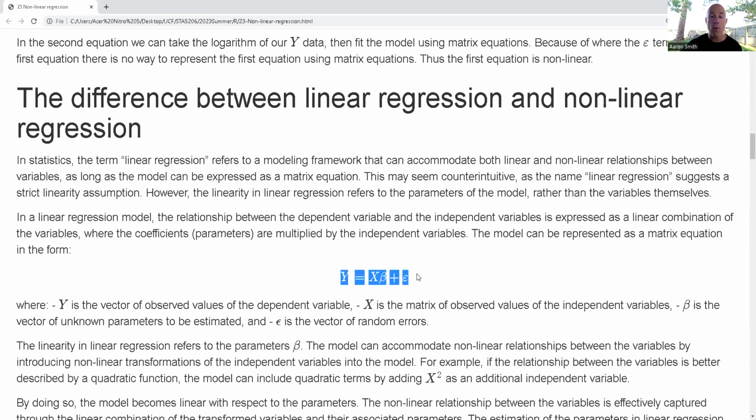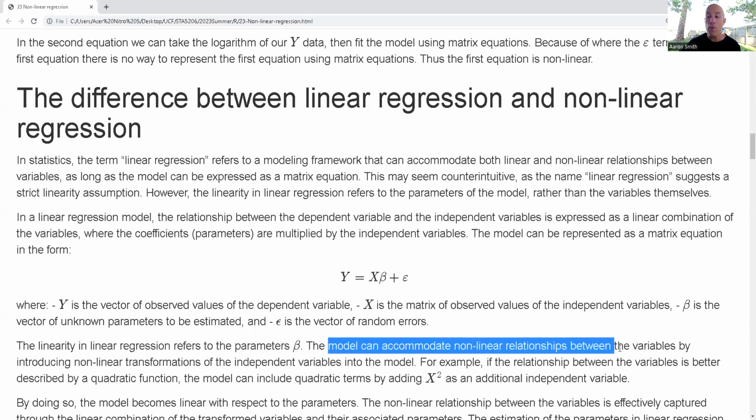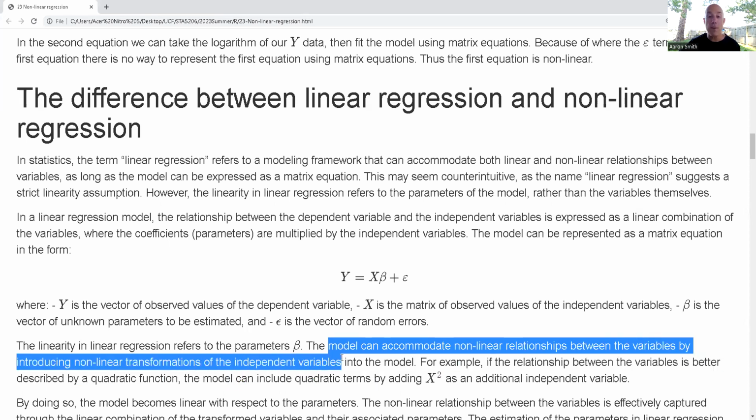If I can somehow, some way, some shape, some form, get this equation written down for what I've got going on, I can use linear regression. And that's what I would prefer to do. The linearity in linear regression refers to the parameters. I want to emphasize that. The model can accommodate nonlinear relationships between the variables by introducing nonlinear transformations of independent variables in the model, as long as I can get it onto that matrix format.